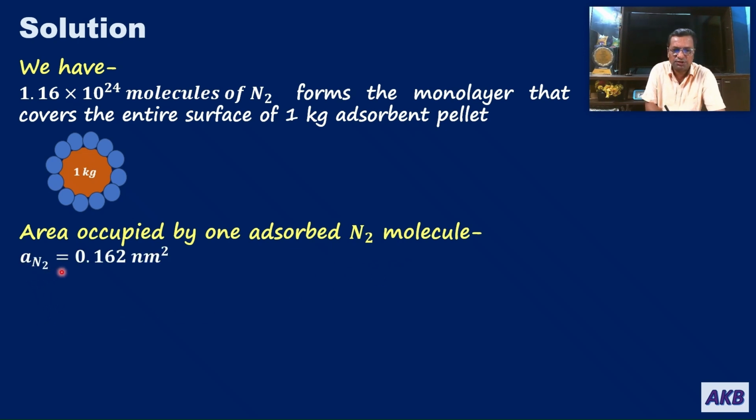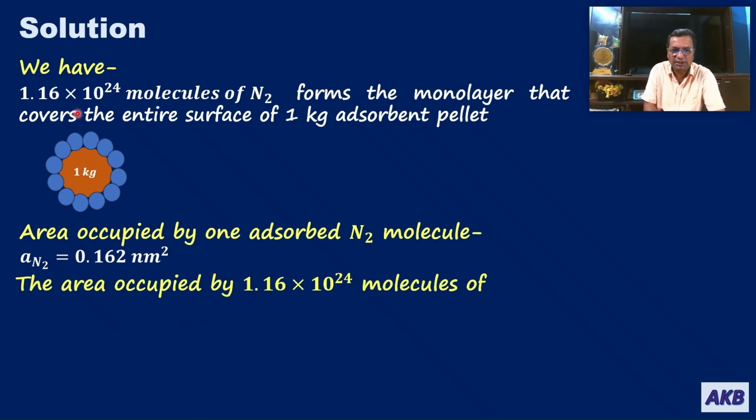It is A N2, 0.162 nanometer square. Therefore, the area occupied by 1.16 into 10 to the power 24 molecules of N2, A_s, is equal to 1.16 into 10 to the power 24 into 0.162 into 10 to the power minus 18.